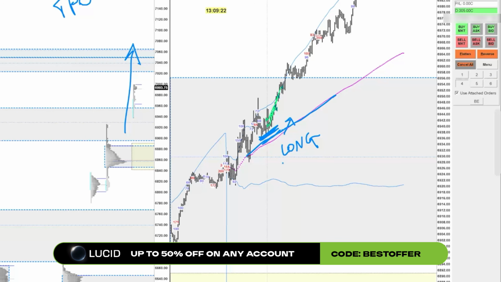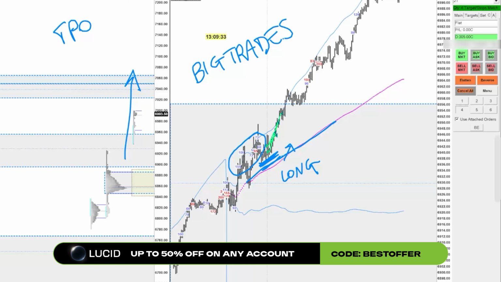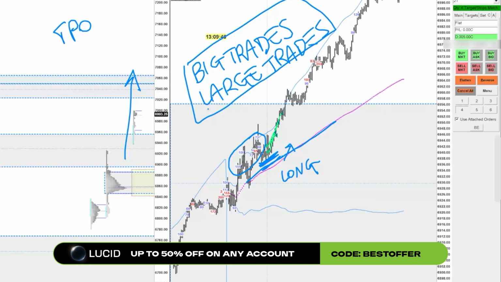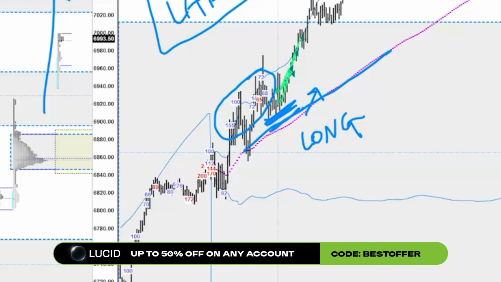And the other thing that I want to see is this number that you see here. These are big trades, okay? Big trades or large trades, it depends on your platform. But basically, this indicator shows you the levels where big players are pushing orders.